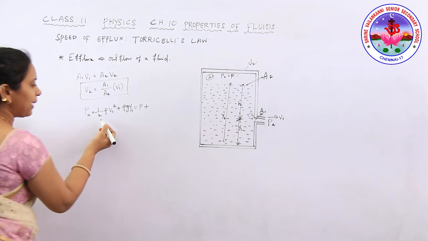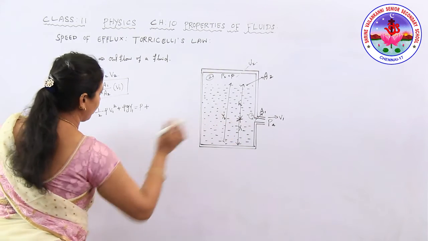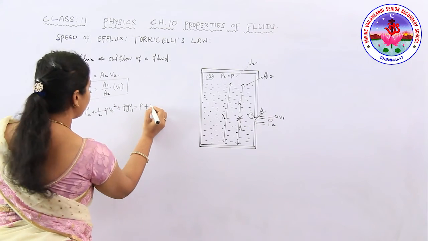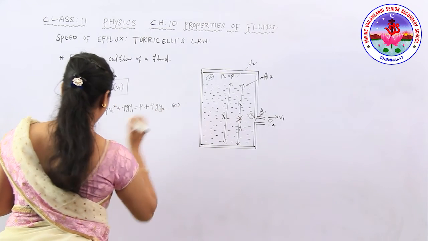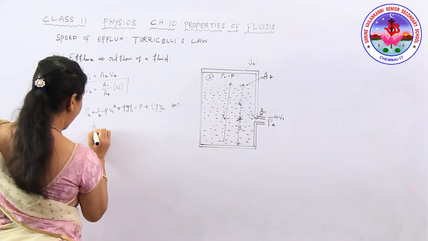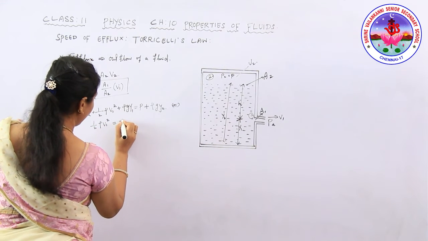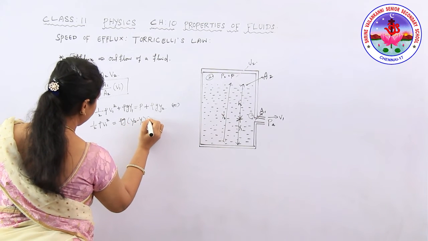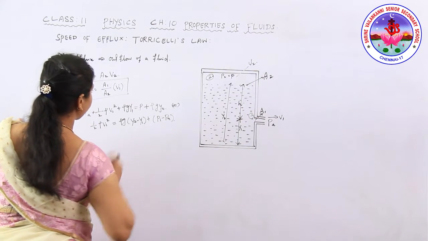So PA plus half rho V1 square plus rho g y1 is equal to P plus rho g y2, or we can write this as half rho V1 square equal to rho g into y2 minus y1 plus P minus PA.